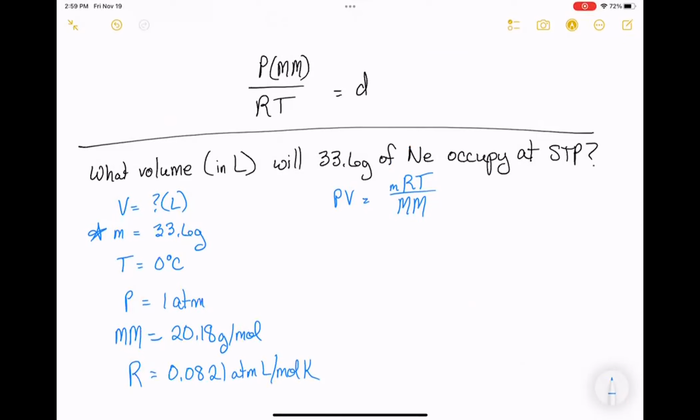I'm going to make all of my units match. Pressure matches, volume matches, amount of gas is fine, but I need my temperature in Kelvin. So that is 273.15 Kelvin.